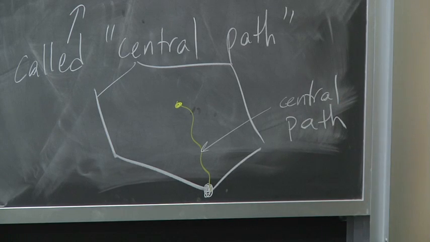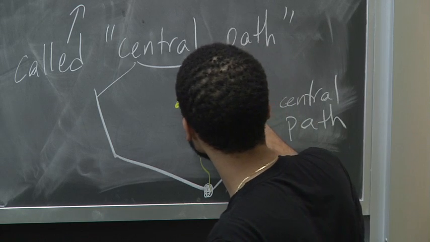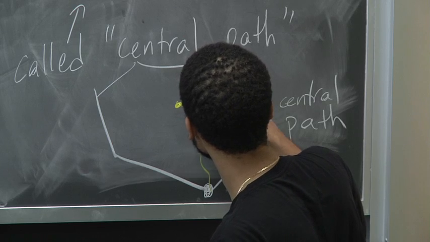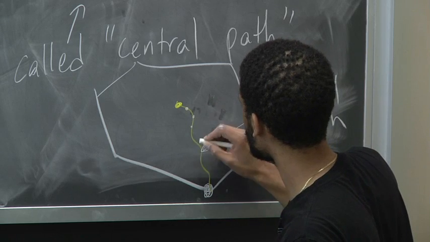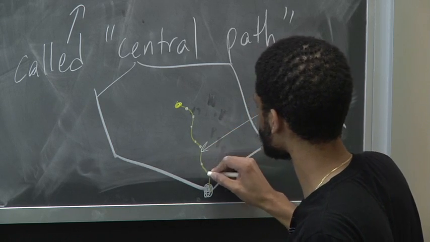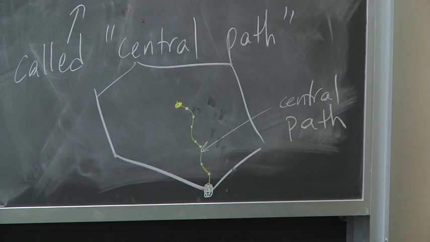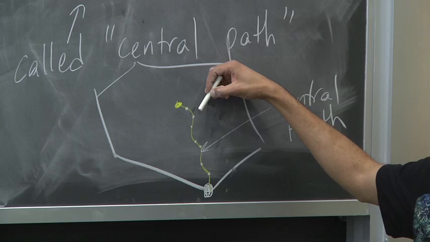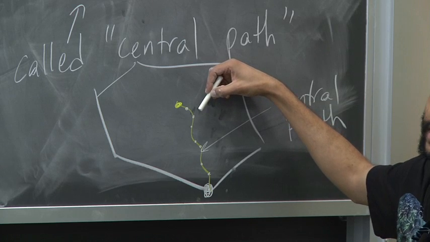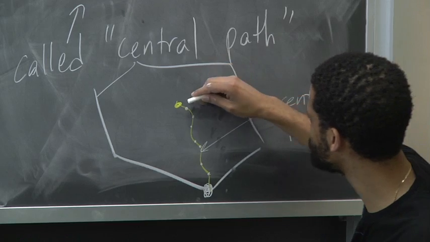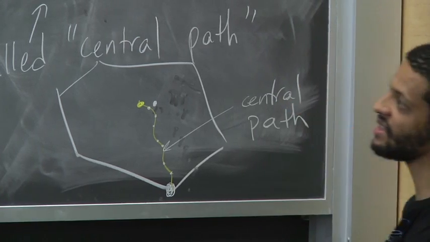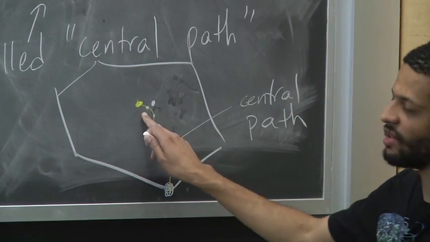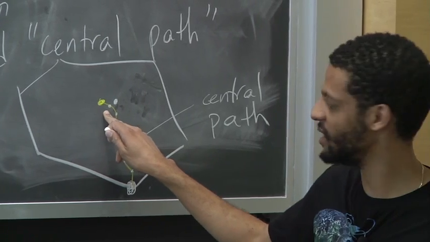And what path following interior point tries to do is it starts, let's say this corresponds to lambda 0, then lambda 1, then lambda 2, et cetera. And all along the way, we never are actually exactly on this central path, but we always try to stay near it. Okay, so we have some x tilde lambda 0, which is sort of near the true minimizer of f lambda 0.